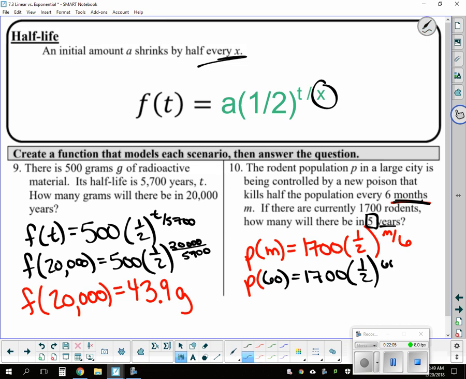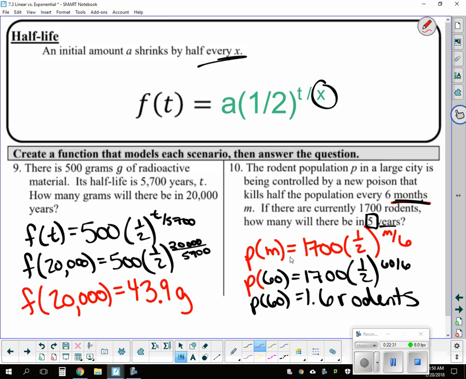So 60. And then calculating that gives me 1.6, so roughly 2 rodents.